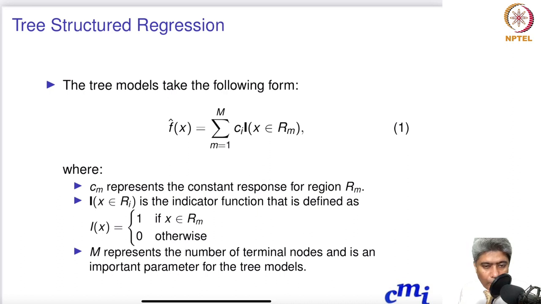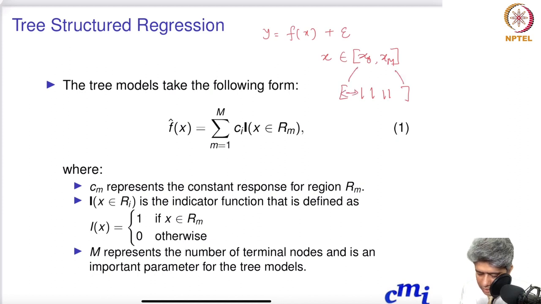Typically you have y equal to f of x plus epsilon, and x belongs to some space, x1 to x big M. Then you partition x into different parts, and for each partition you come up with an estimate for y.